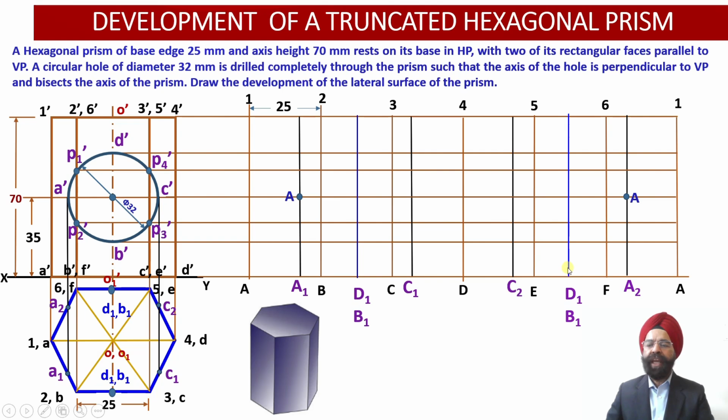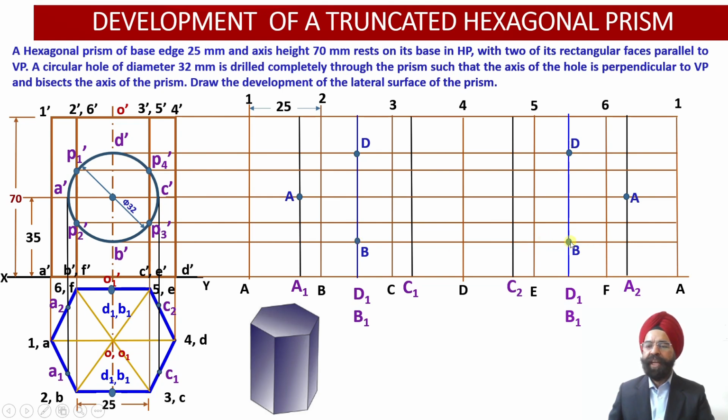So we are going to obtain the location of the points B and D into the development surface projection view over here. So now from the points B dash and D dash, if we draw two horizontal projector lines over here, one is this one, another one is this one, wherever these two projector lines emerging from B dash and D dash intersect with these two blue vertical projector lines emerging from D1 and B1, we will be obtaining the points B and D into the front face projections.